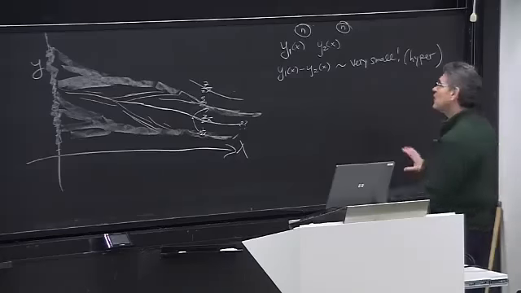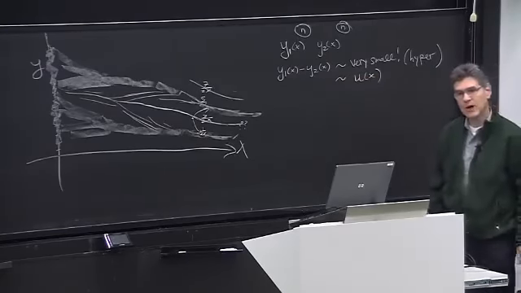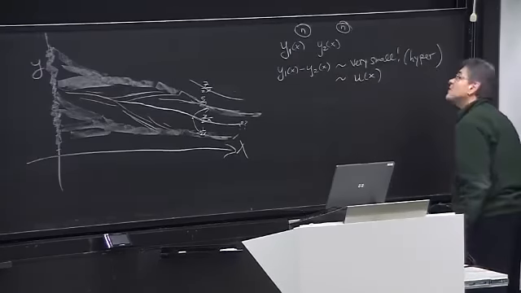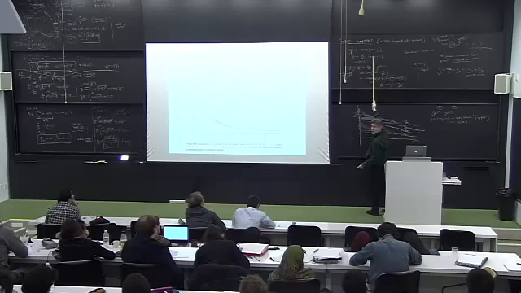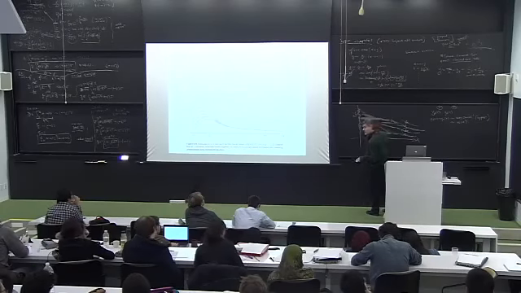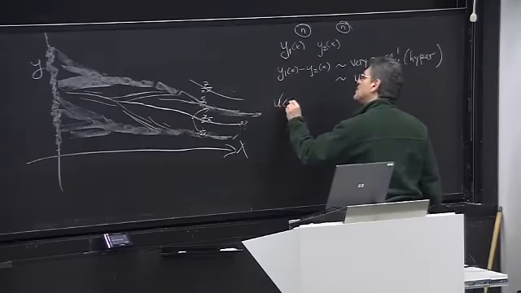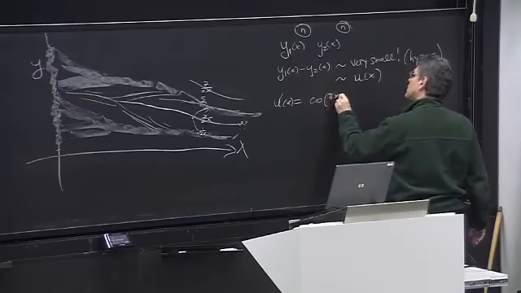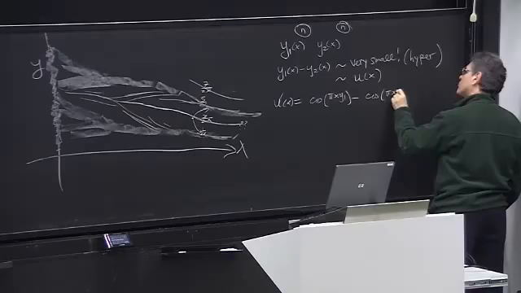Got it? So I'll call this thing u of x, the difference between those 2 guys. What equation does u of x satisfy? Well, if I subtract the equation for y1 and the equation for y2, so take y2 away from y1, then this satisfies the equation u prime of x is equal to cosine of pi x y1 minus cosine of pi x y2.